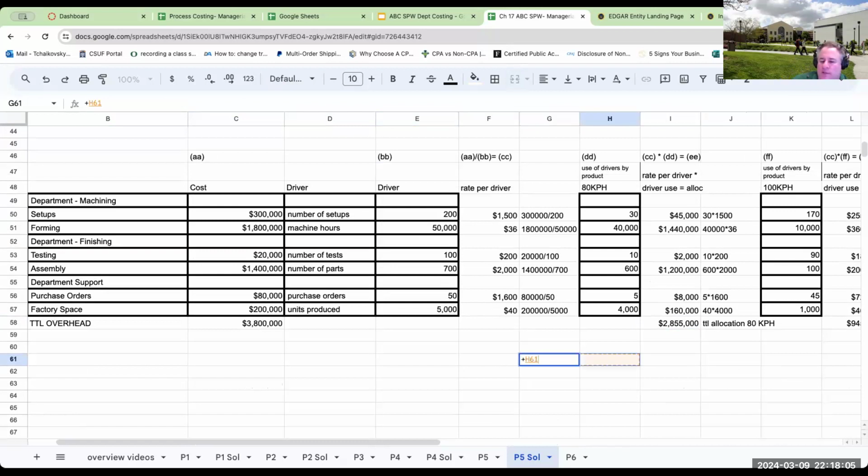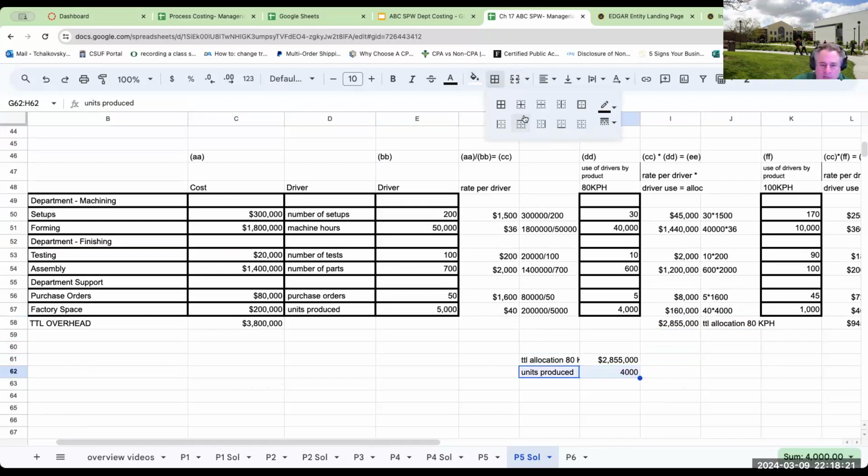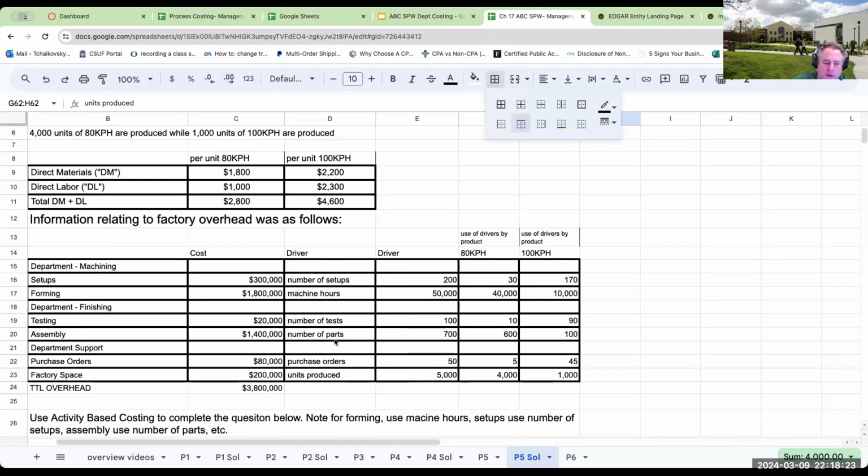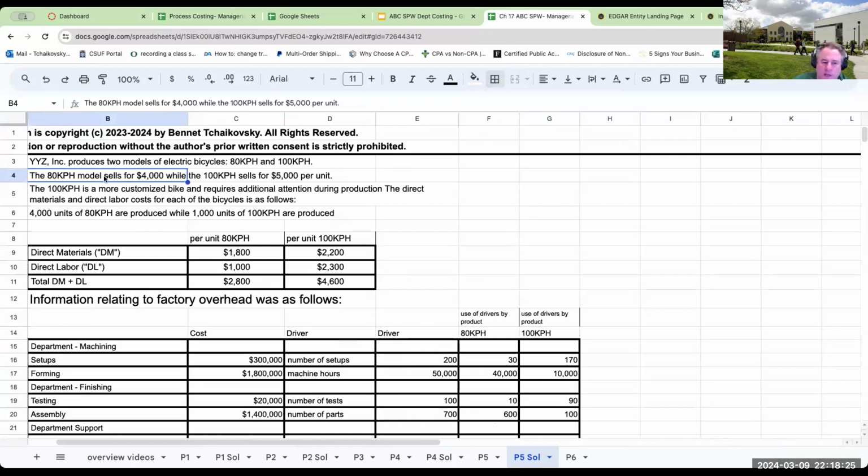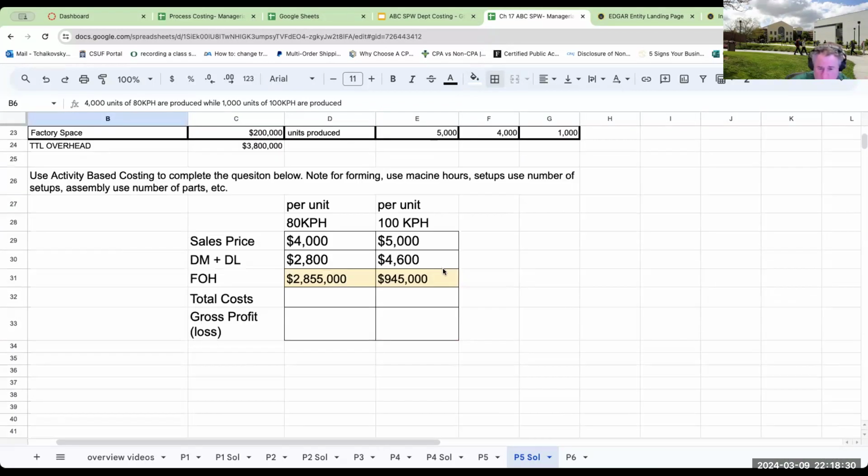So what I'm going to need to do is take the total amount of the allocation and divide this by my units produced. My units produced over here were 4,000 for the 80 kph. Where did I get that information from? It's over here, it's going to be in the problem, right? It's 4,000 units of 80 and 1,000 units of 100.